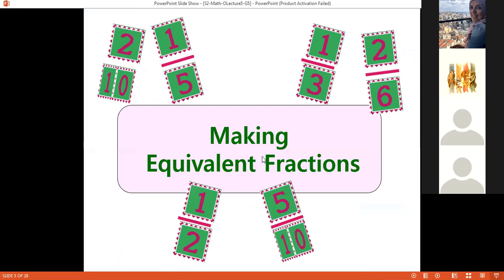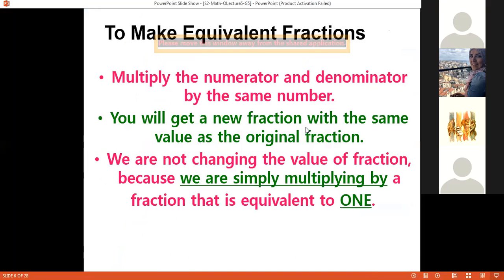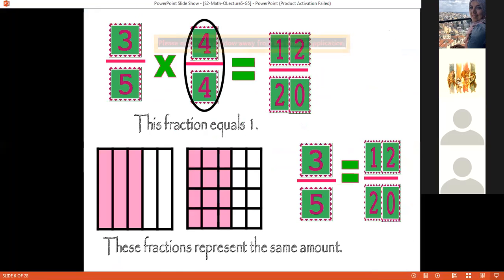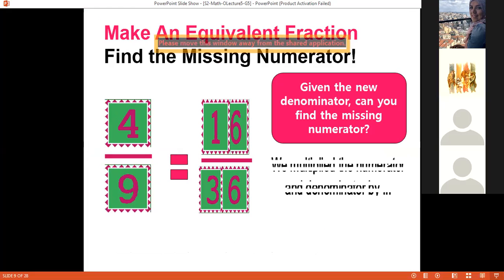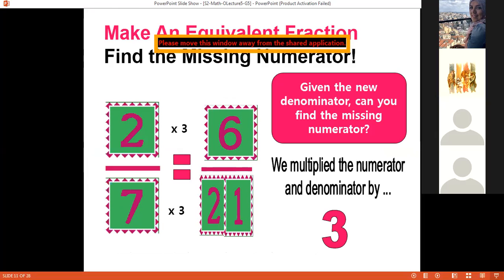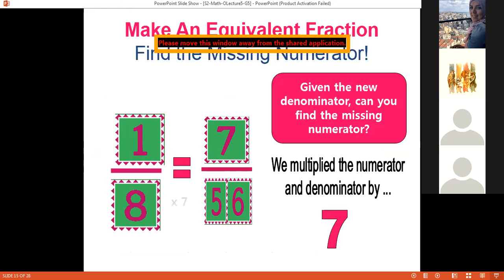To make fractions equivalent, first of all, I multiply the numerator and the denominator, both of them at the same time, by any number I want. So I get a fraction which is equivalent to the first one. And then we learned that I can divide.